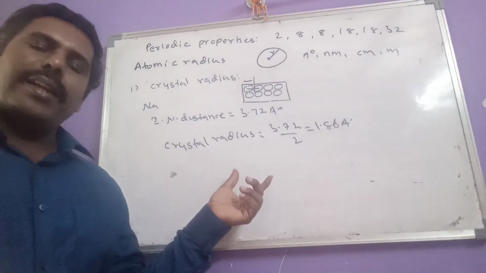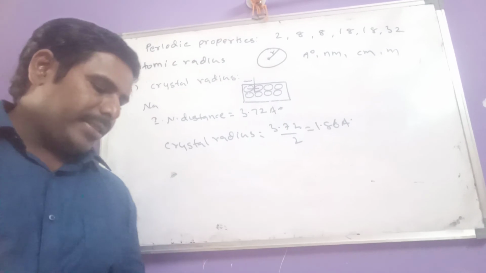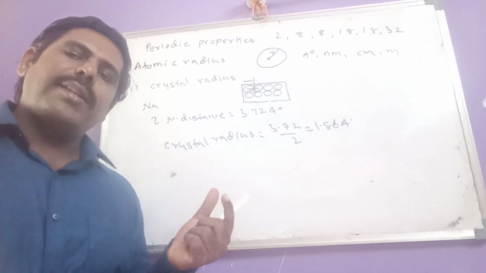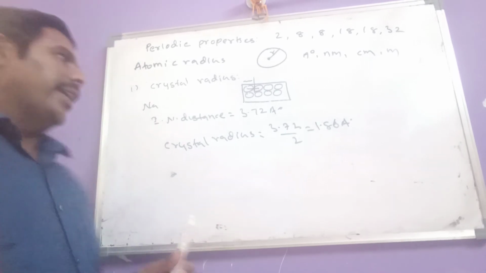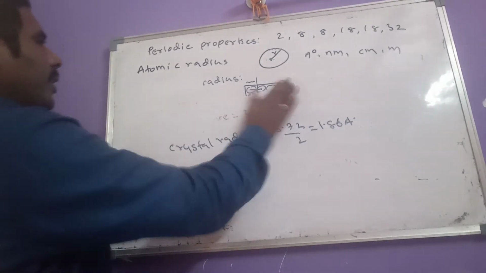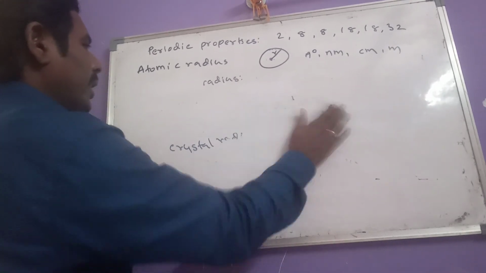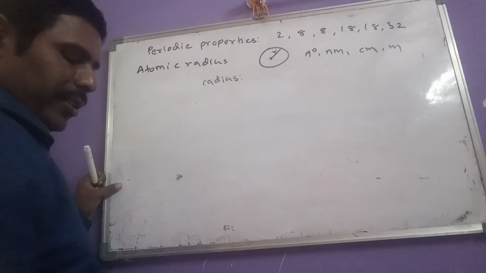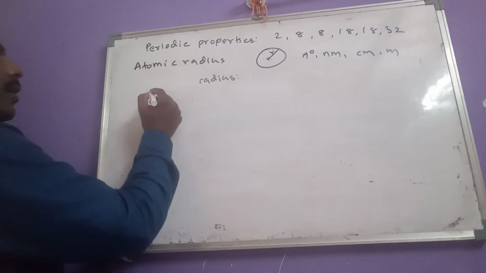So this is crystal radius. Another type of radius is covalent radius. Covalent radius means the atoms should be bonded with a covalent bond.